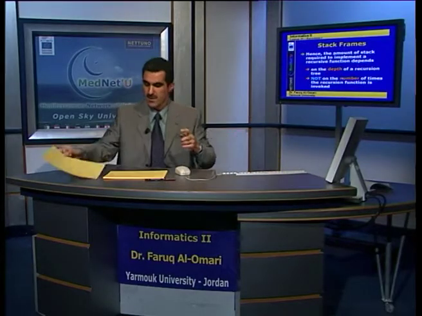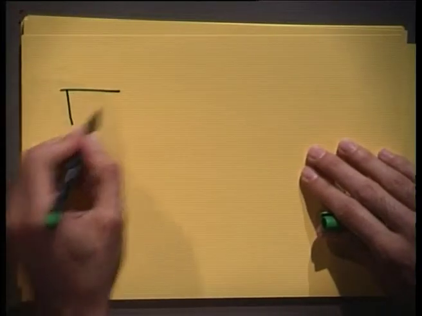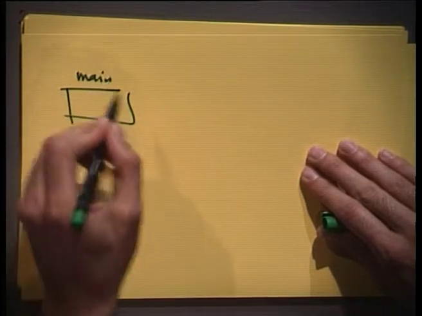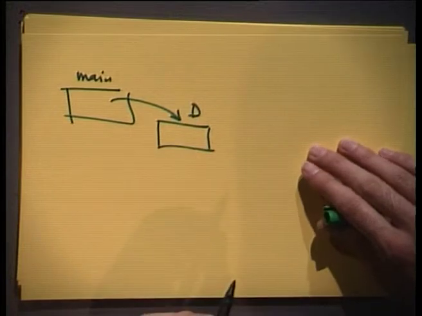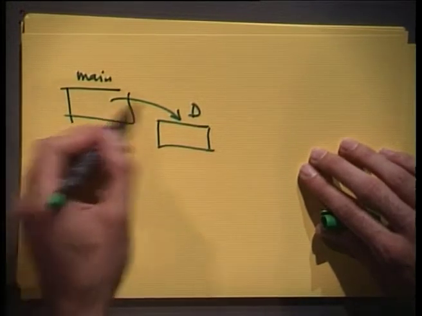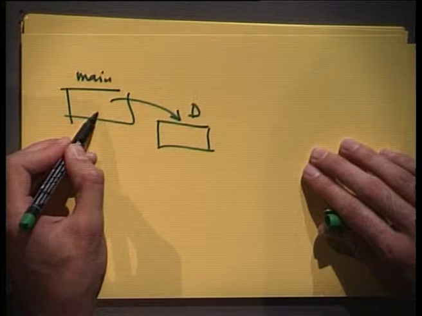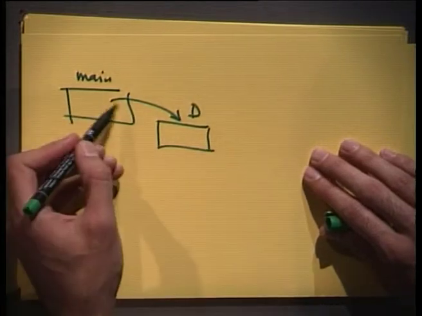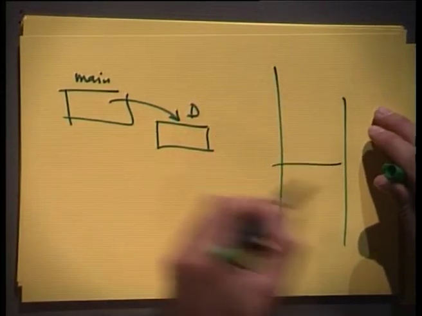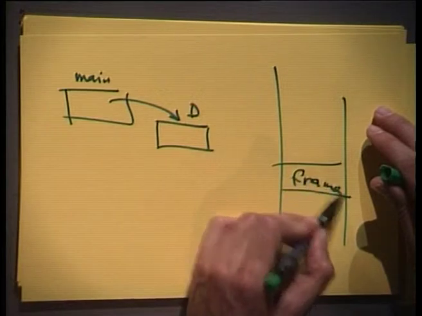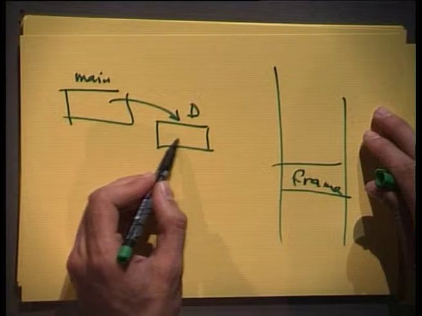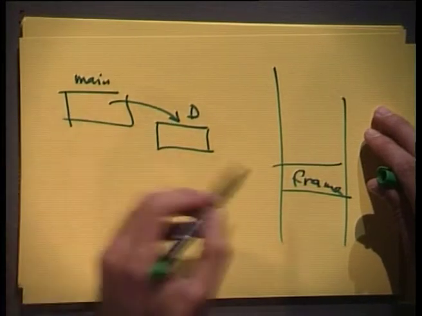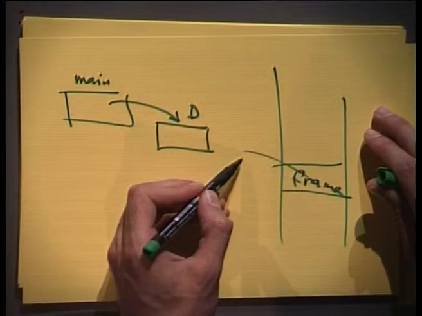Well, the difference is when main makes a call to this function D. Okay? Well, I could make a call to D and then go back. So before I go, I pushed to the stack a frame in here. And then processed whatever I want to process in here. And then I return. Once I return, this is going to be popped from the stack.